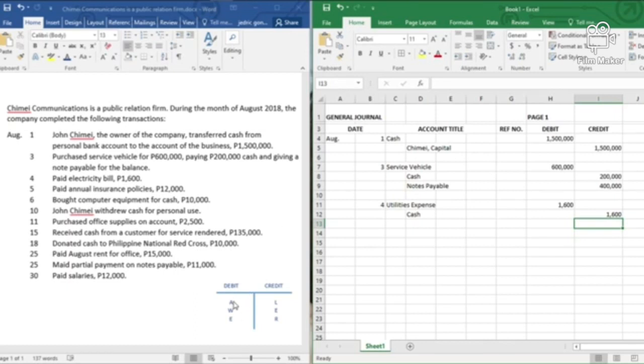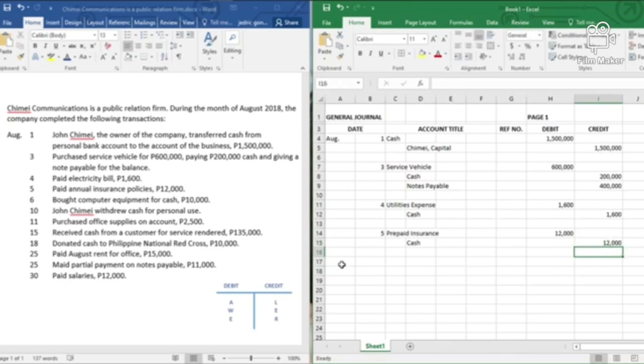So, kapag nadagdagan ang asset mo, you should debit. So, that is for August 5. So, debit, prepaid insurance. How much? 12,000. Anong pinambayad mo? Cash. So, your credit will be cash. The same, 12,000.